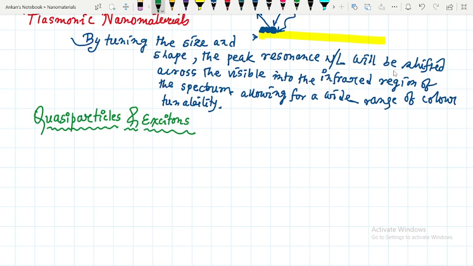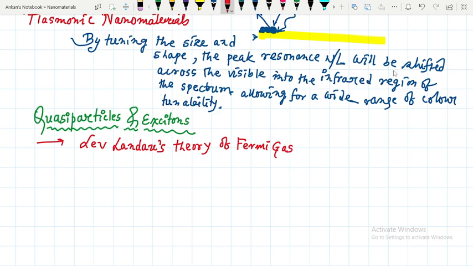So what is a quasi-particle? Now it is better to tell you that the idea of the quasi-particle was first originated by scientist Lev Landau's theory regarding Fermi liquid. You have studied what is Fermi gas and different thermodynamical parameters in statistical mechanics.